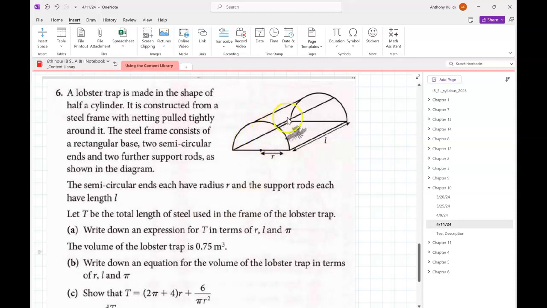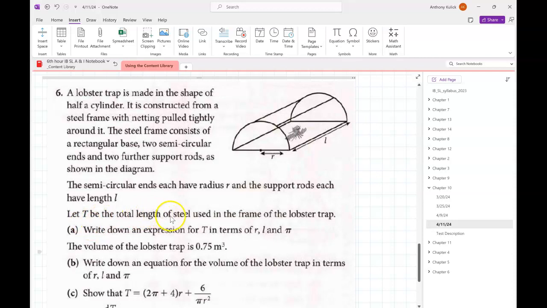So you have that rectangular base down there, a circle, and then they have these 2 support rods there. The semicircular ends each have radius r, and the support rods each have length L. So that length L is the same as the width of the rectangle, as well as the length of these support rods from the picture. Can you see that?